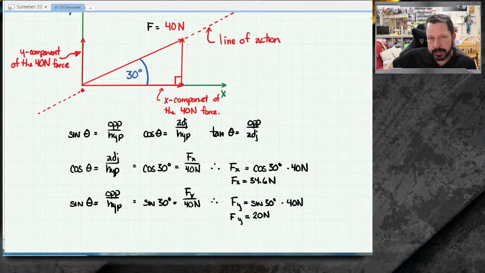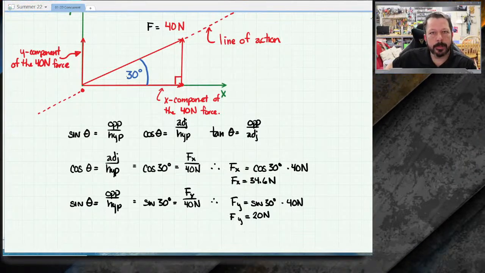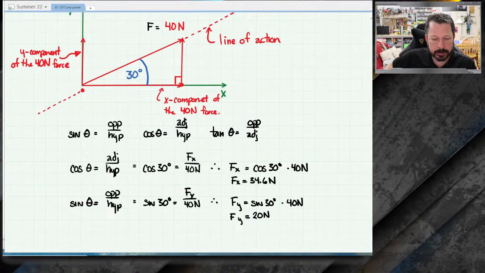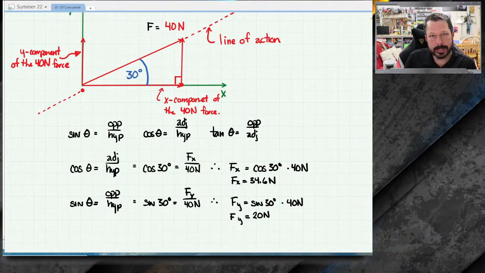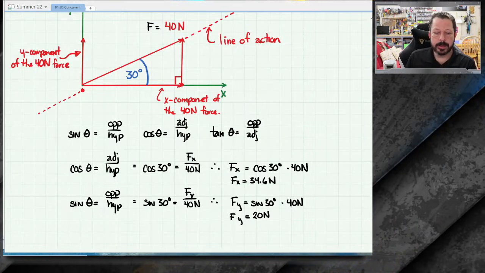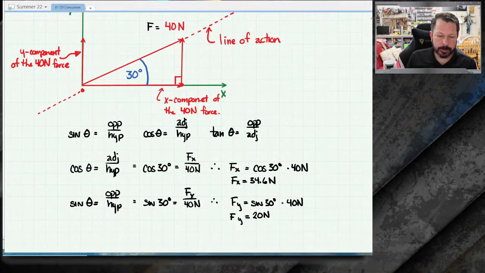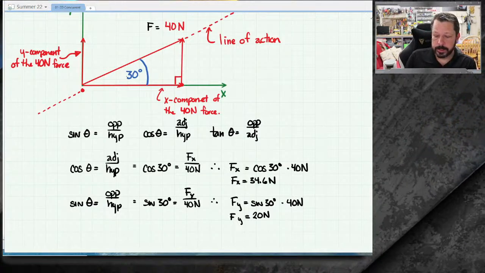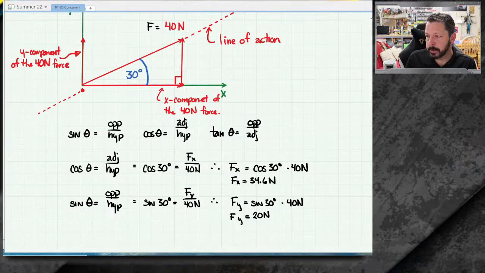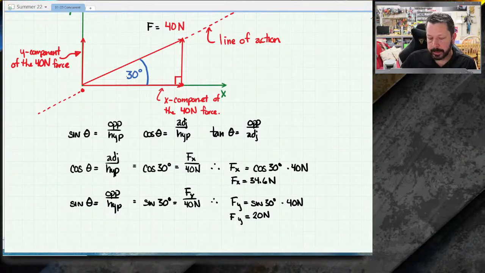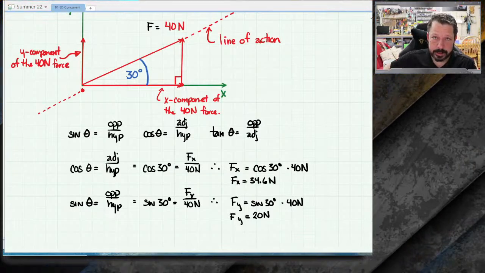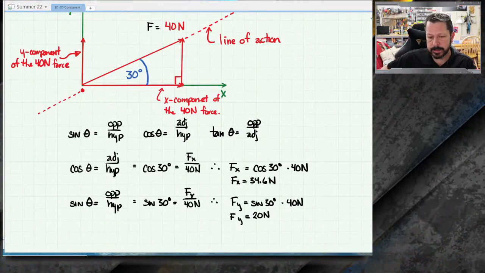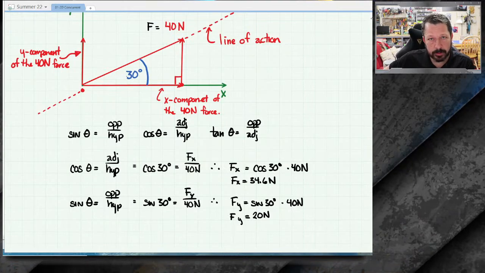And what I was saying at that point was that since we thought it was 17 and it came out 20, that's probably a good indicator that the 20 is correct, because the 17 was just based on us roughly drawing out our diagram sort of to scale and looking at the Y component in our picture, and it looks about half of the X component that we drew. Had we calculated the Y component and it came out to be like 5 newtons, then we'd have to go back and see that we did something wrong.